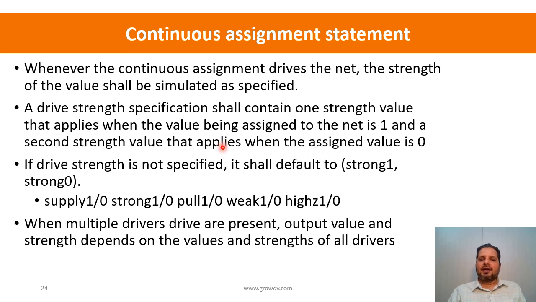If the drive strength is not specified, it defaults to strong 1 and strong 0. We have other drive strengths that can be used: supply 1, supply 0, strong 1, strong 0, pull 1, pull 0, weak 1, weak 0, and then high impedance 1 and 0.